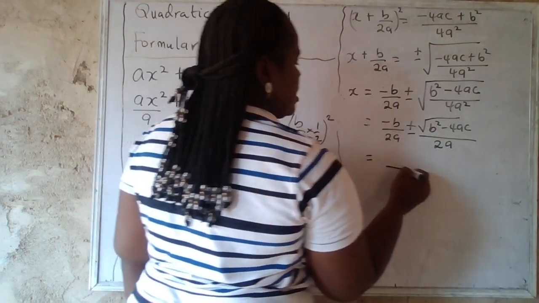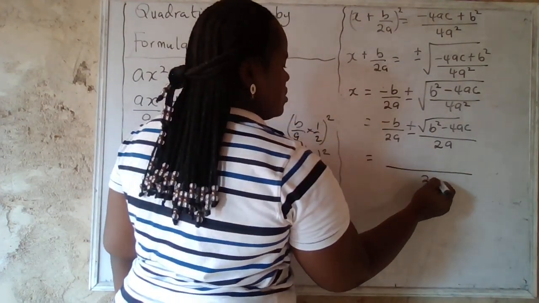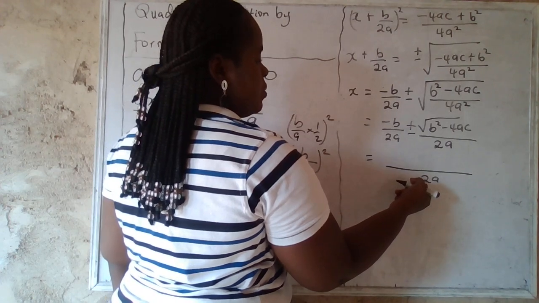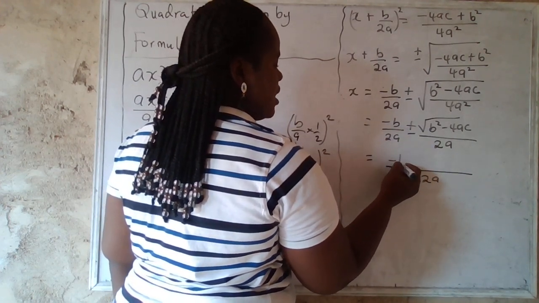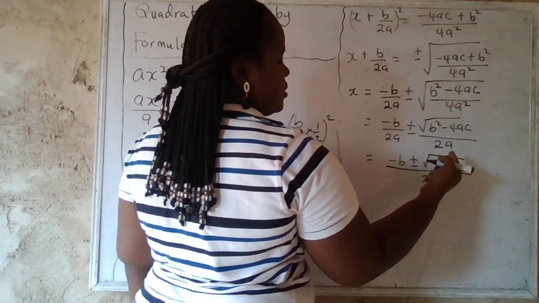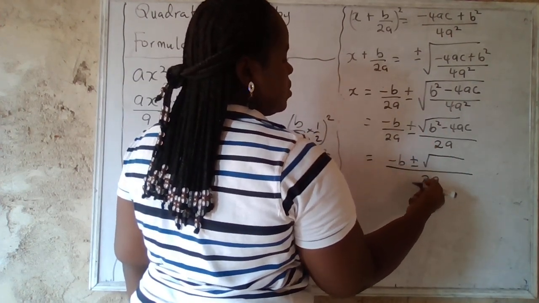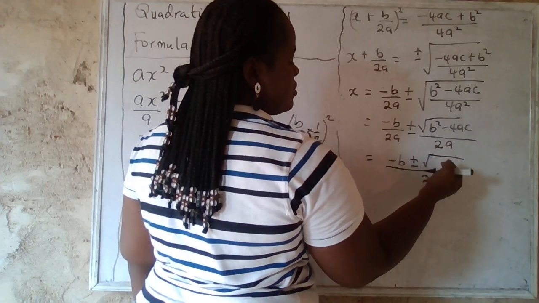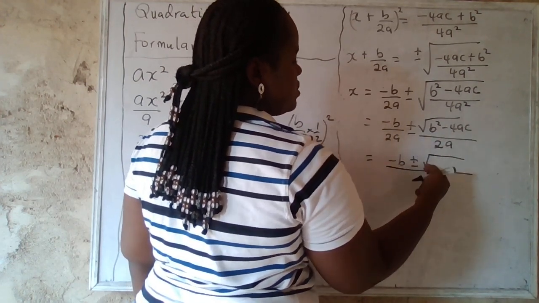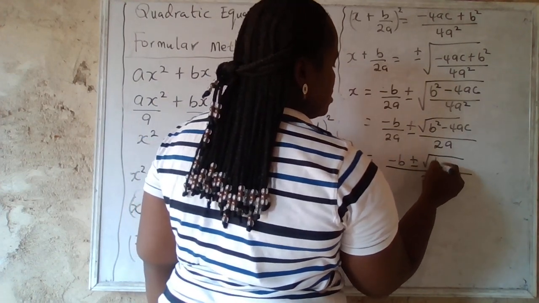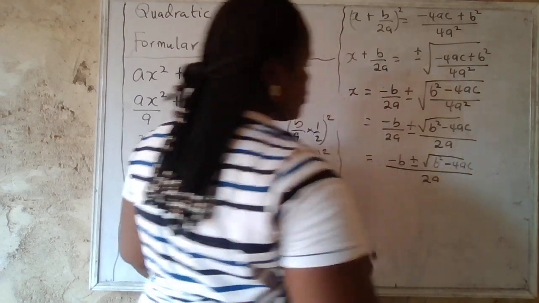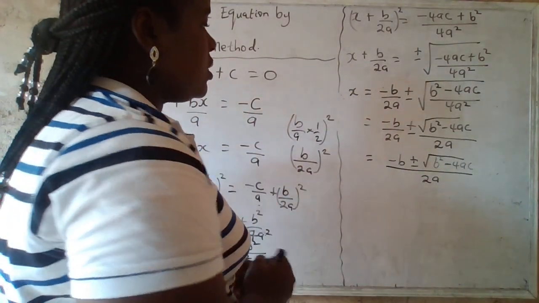Now, if I take the LCM of the denominator, we have 2a. 2a divided by 2a is 1, times minus b, you have minus b, plus or minus square root again. 2a divided by 2a is 1, and 1 times what we have here is going to be square root of b squared minus 4ac.